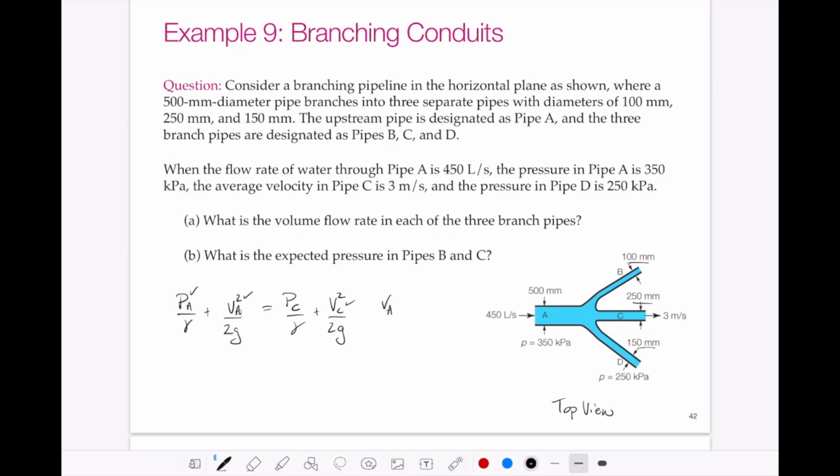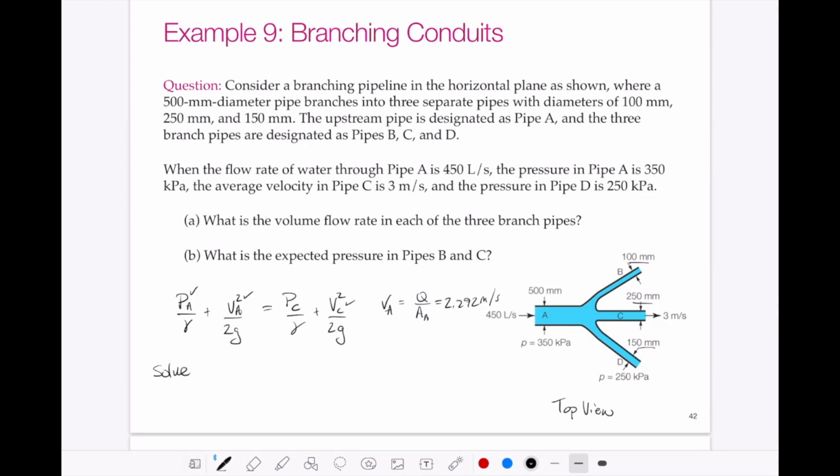So we know VA is equal to Q divided by the area at A, which is equal to 2.292 meters per second. Q is given as 450 liters per second, and we know the diameter, so we can calculate the area.